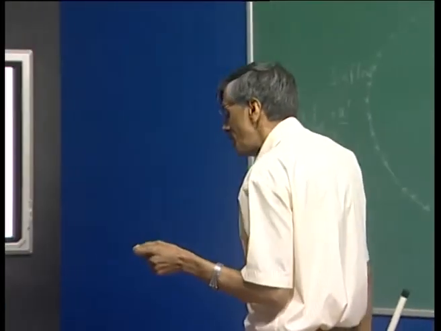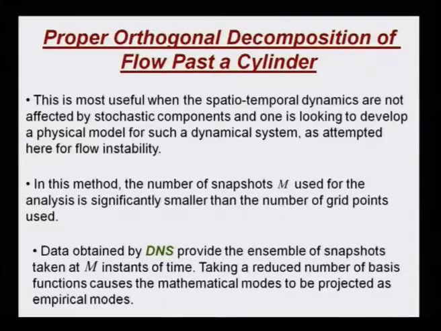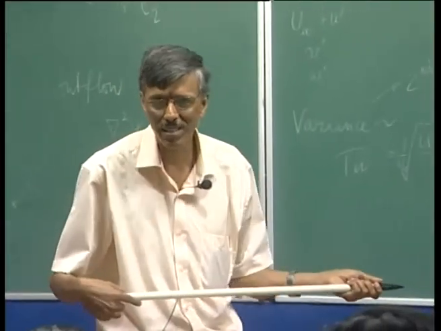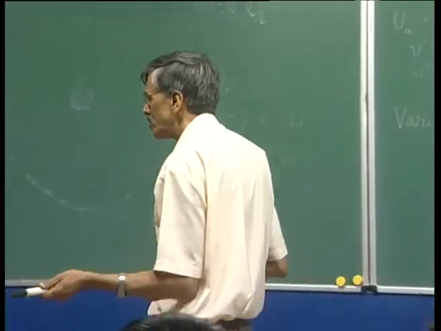This is something we have to appreciate. So, when we are trying to use POD to study instability, then we had better have what we call a direct numerical simulation, where we would be getting the solution without making much error, right.